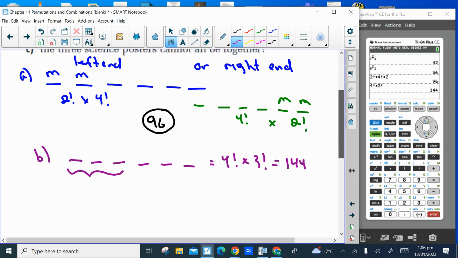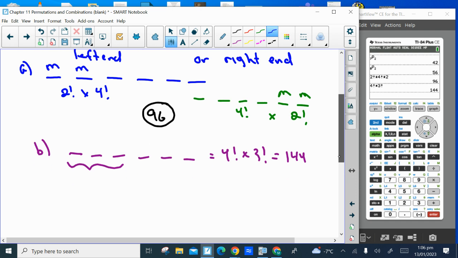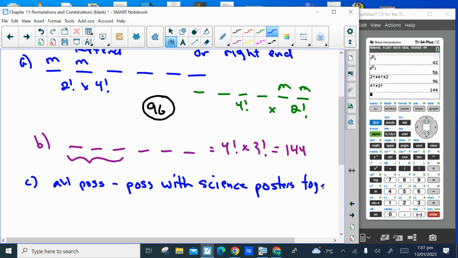And then part C, what if the 3 science posters cannot all be together? So I would do this one by taking all possibilities minus the possibilities with science posters together. All possibilities would be 6 factorial.